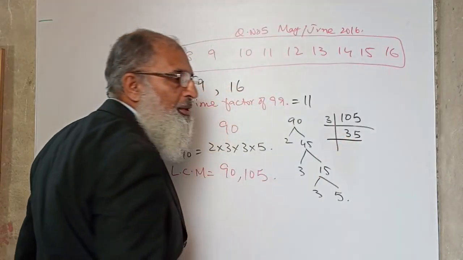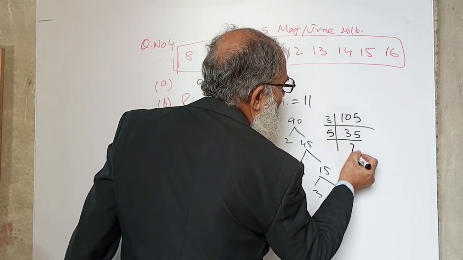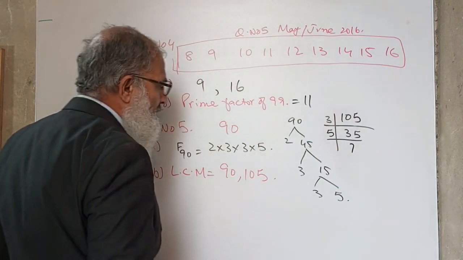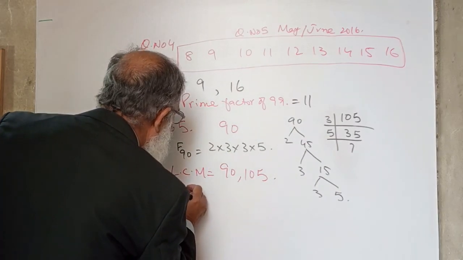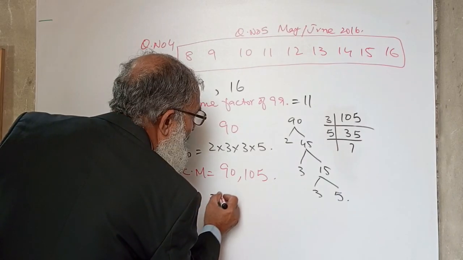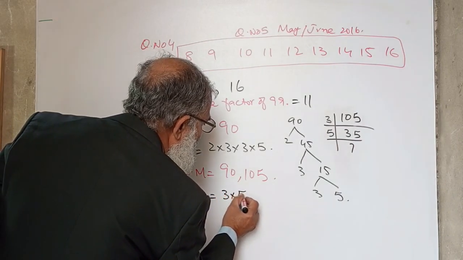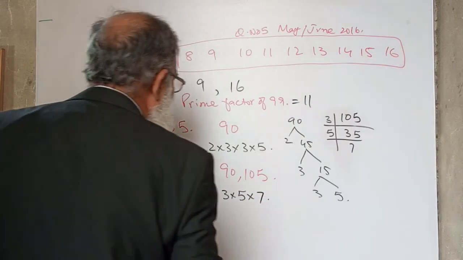And now it is not divisible by 3 anymore. So it is divisible by 5, 7 times. So these are the only 3 factors. So 105 becomes 3 multiplied by 5 multiplied by 7.